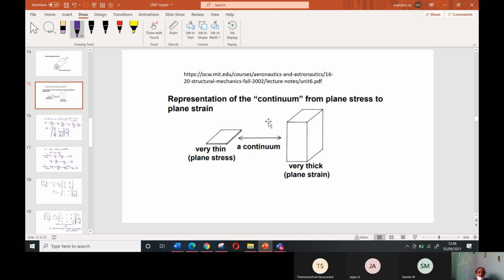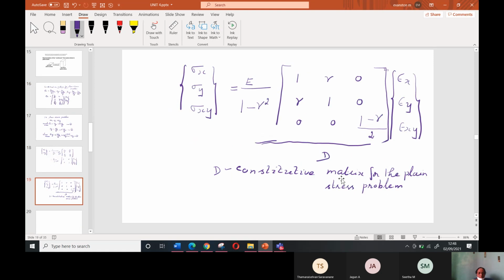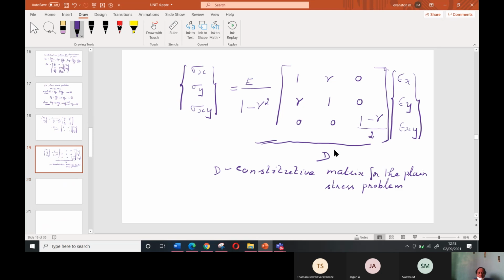That's the difference. This one we saw in the last class. So we will see the derivation of the plane strain constitutive matrix in the subsequent class.